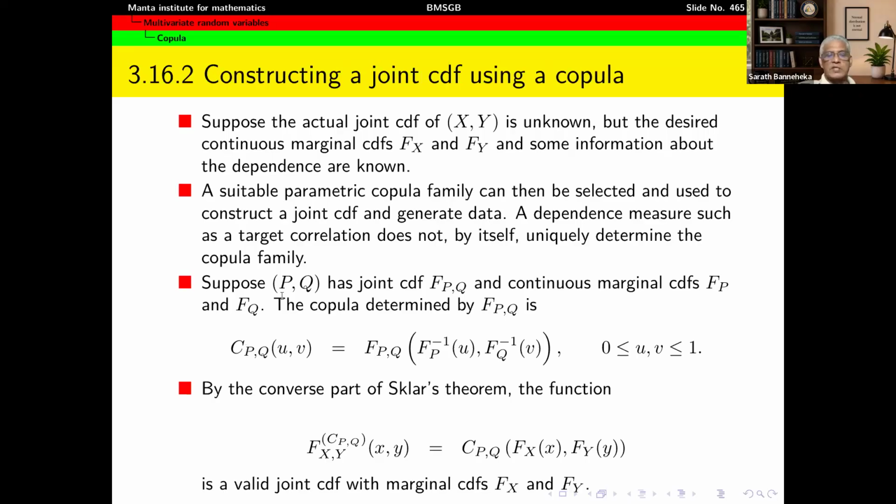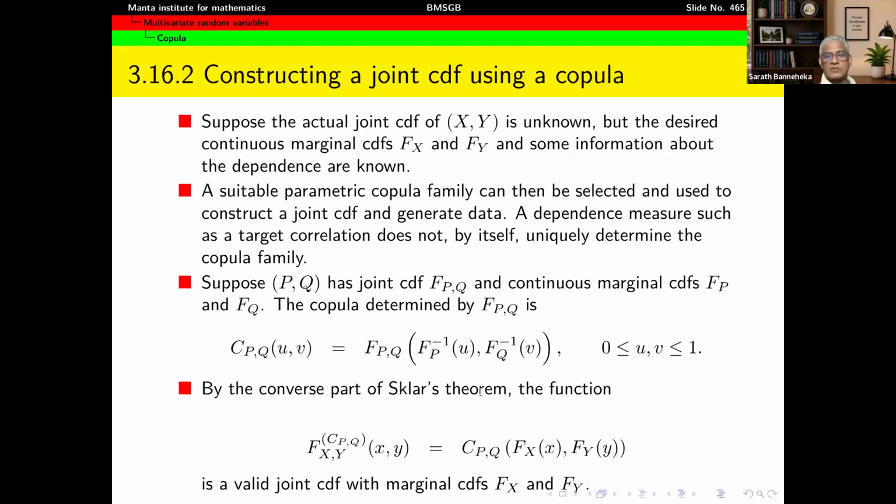The unique copula related to the joint CDF of P and Q is given by this expression according to Sklar's theorem. It will be F_PQ evaluated at this quantity. That's what we have already obtained in the previous part. So now we will use this copula, but instead of F_P inverse of u and F_Q inverse of v here, we will use the inverse CDF of X and Y.